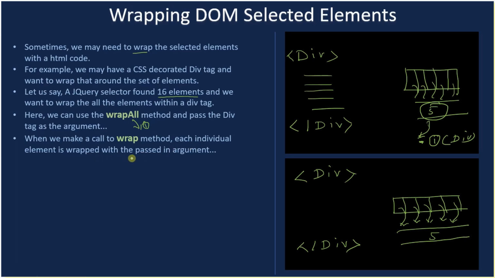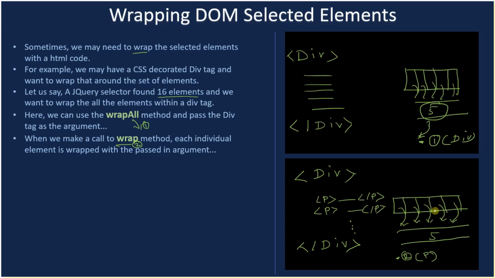Each individual element is wrapped with the passed in argument. Suppose instead of div, here you make a call to wrap, and you pass, say for example, a paragraph, then each of these 5 contents is placed inside a paragraph, and it will go on like this, right?